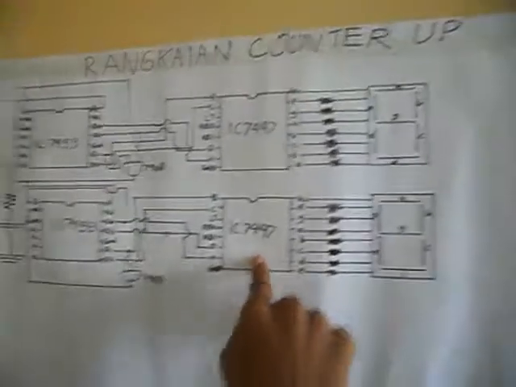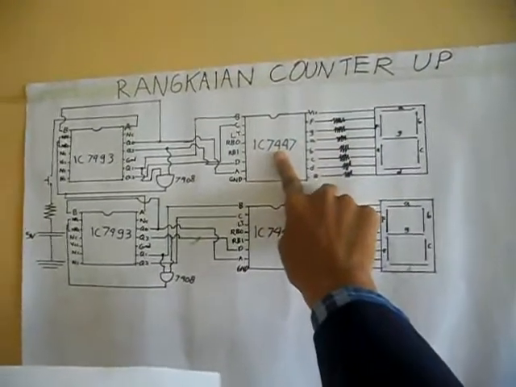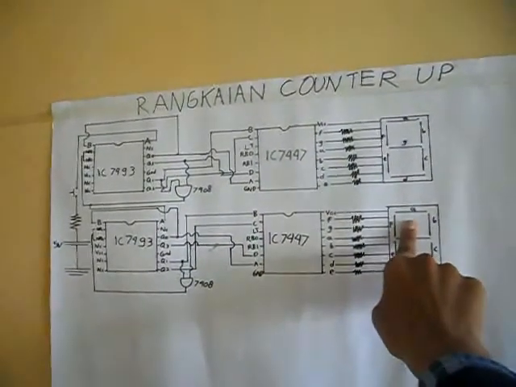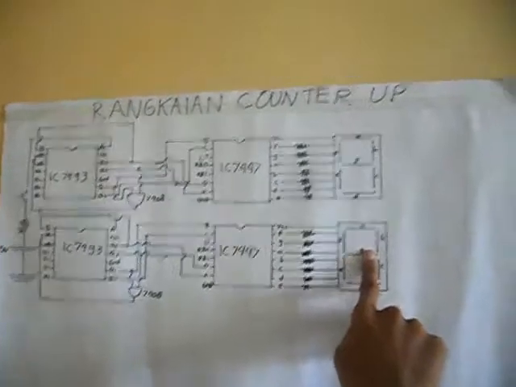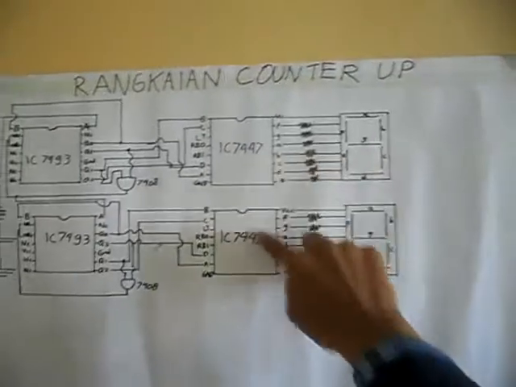Next is IC 7447. This IC is a BCD to 7 segment decoder, with the function of turning on the 7 segment.